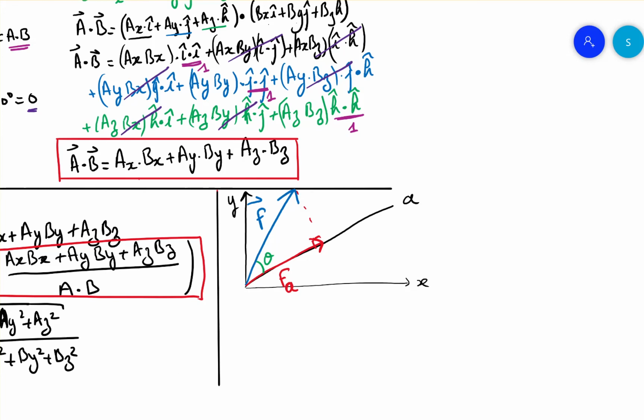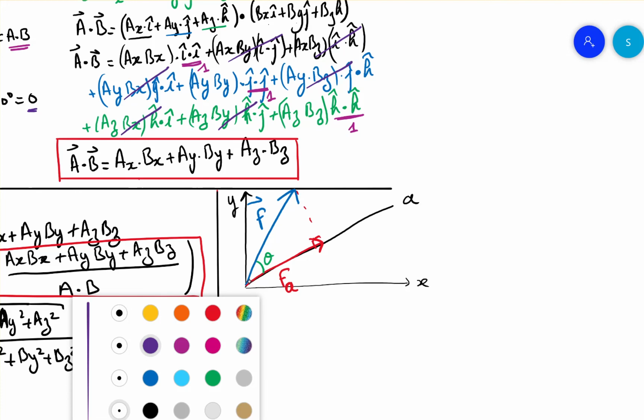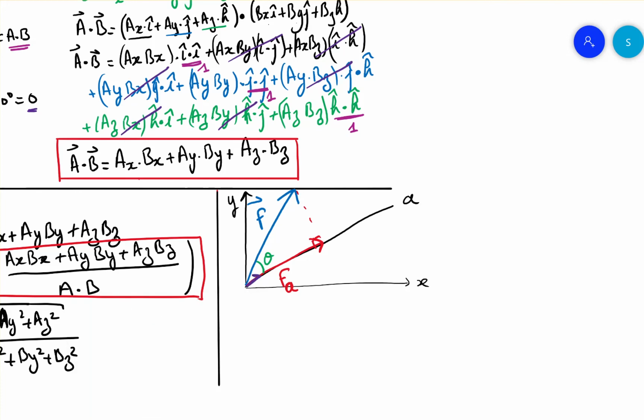So let's look at this. I will take purple to do UA. UA is the unit vector of the axis A. If we do F dot UA, it's equal to what?